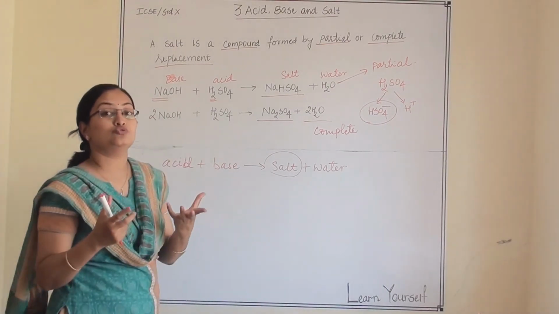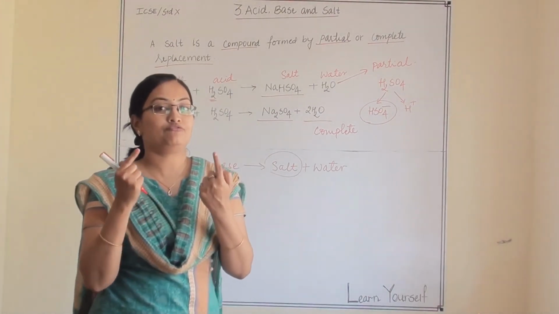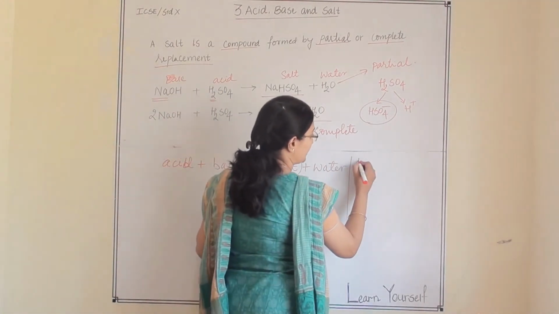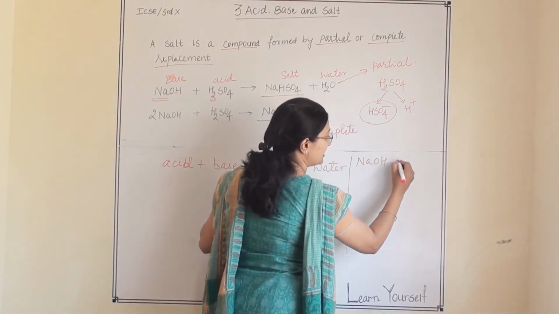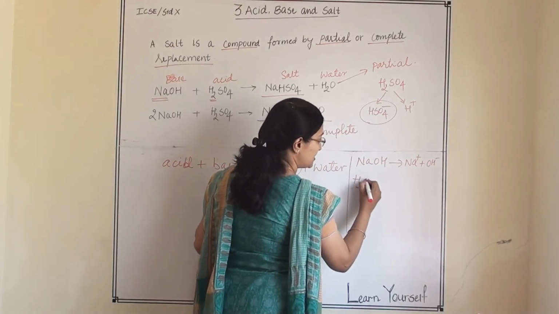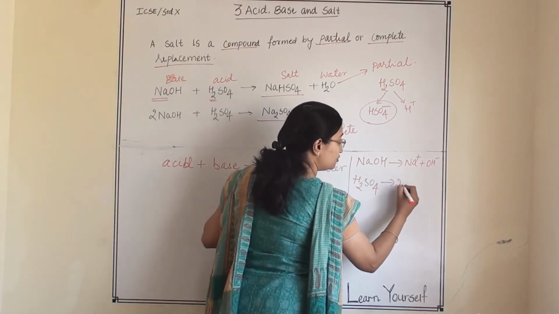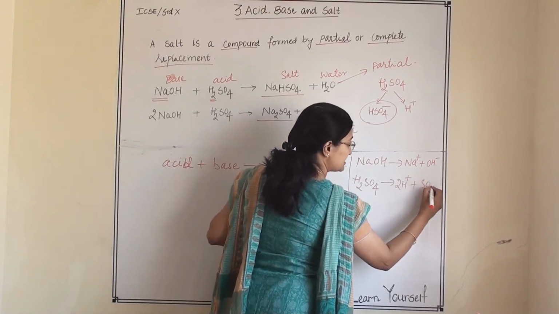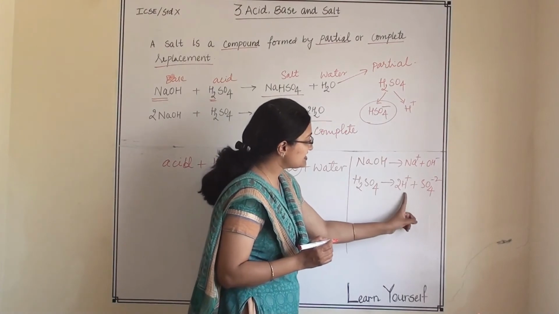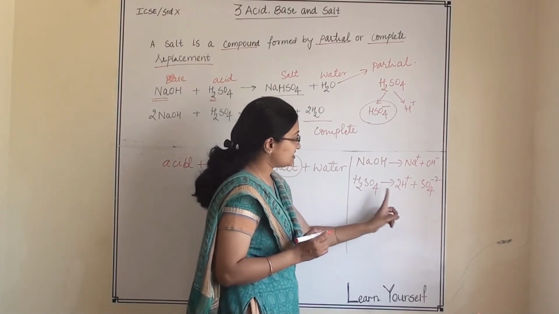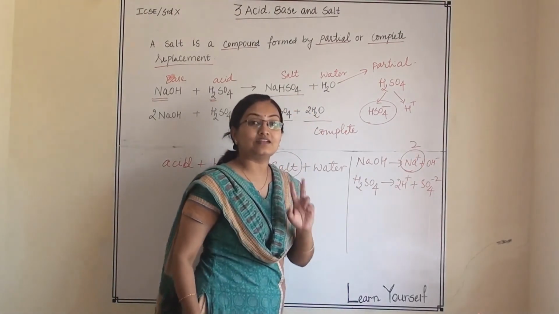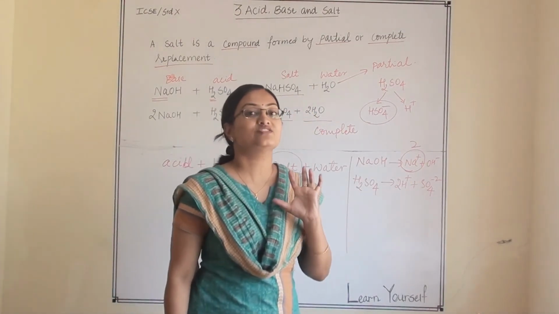Let's see the mechanism. If you take NaOH, you will get 1 Na plus and 1 OH minus. If you take H2SO4, you will get 2H plus and SO4 minus 2. So if you want to replace these H from the SO4, you do need 2 ions of Na plus.